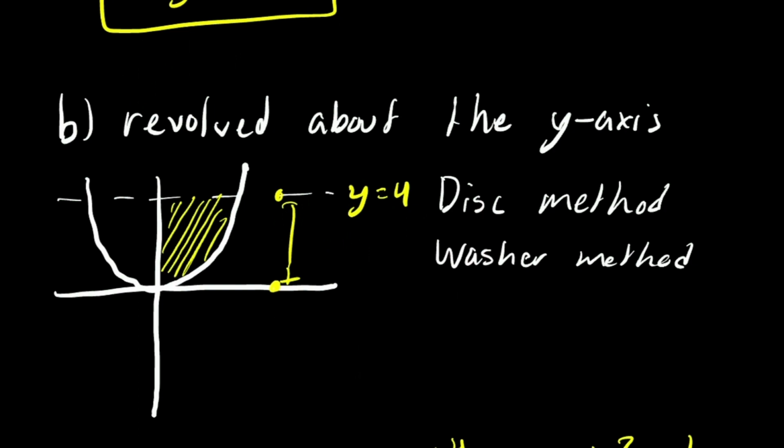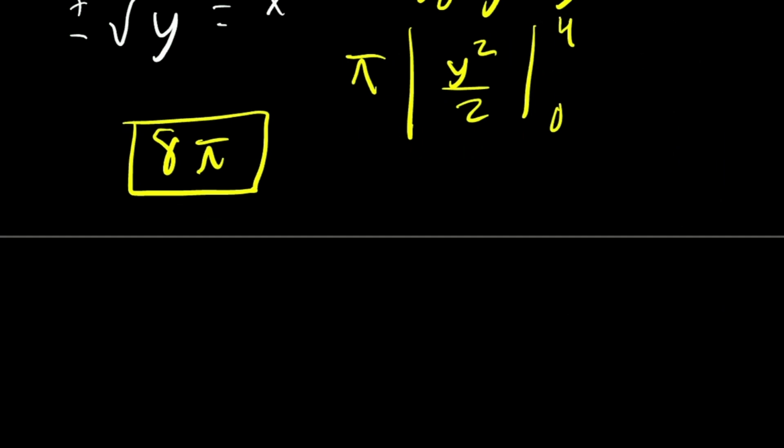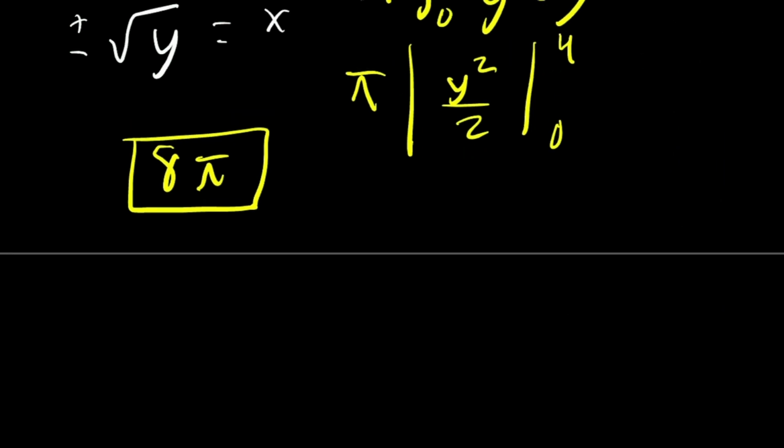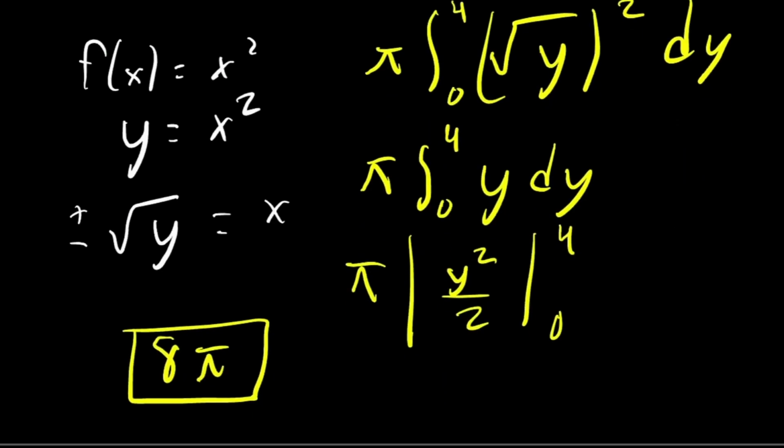There are situations where that would happen, but it would have to be like a linear function. So it's pretty rare that that would happen. But now you know how to revolve it about both axes. And sometimes it will ask you, let's just do a quick one here.